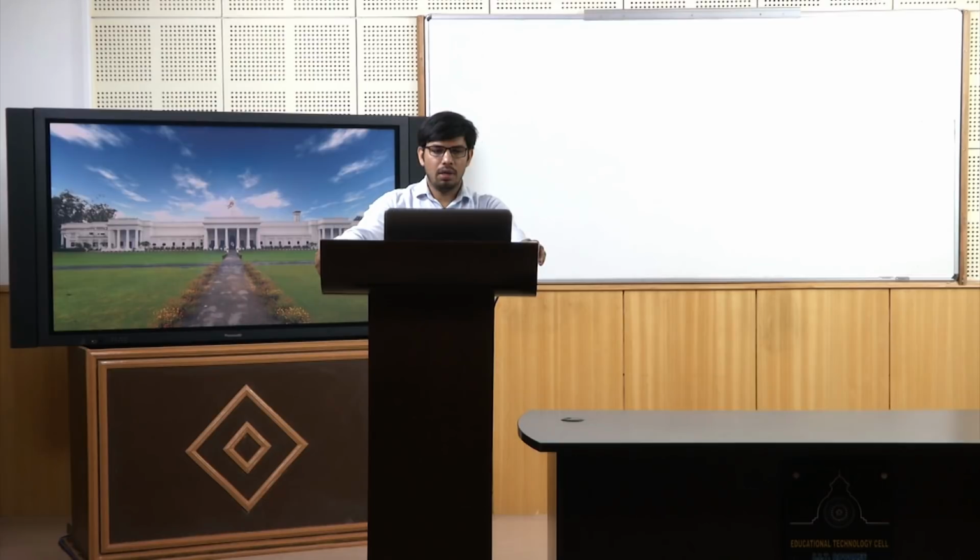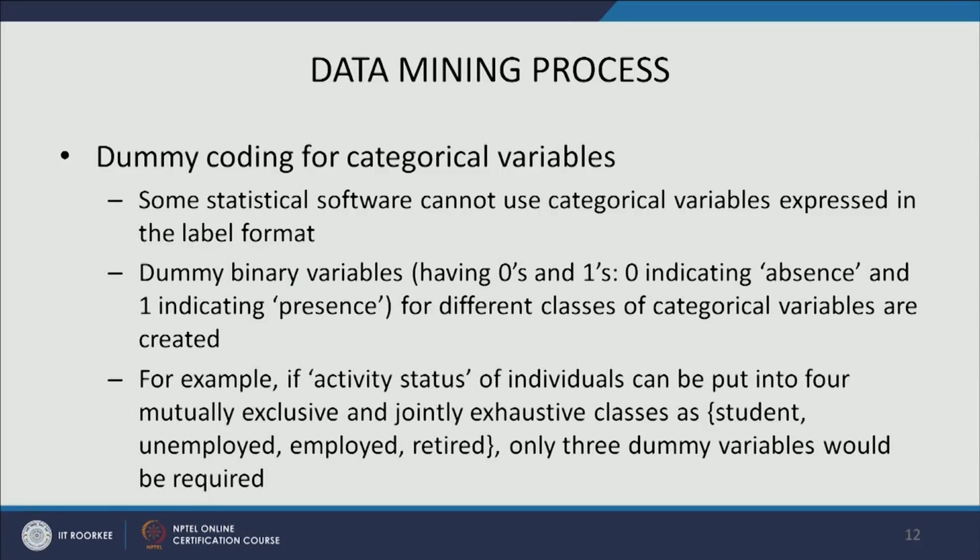When we say dummy coding, we actually create dummy binary variables. These have zeros and ones, 0 indicating the absence of a particular type and 1 indicating presence of a particular type. For example, we have data on activity status of individuals, which has 4 mutually exclusive and jointly exhaustive classes: student, unemployed, employed and retired.